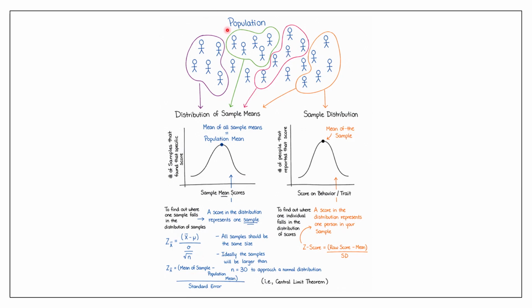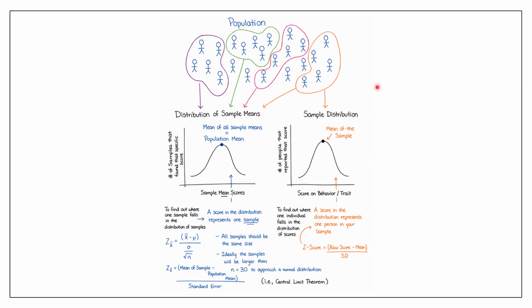So here, what I want to show you, we're going to start at the top of this. We have our population. Your population is going to be absolutely every single individual that fits the criteria for your research question. So we kept using this example: if your question involves first generation Hispanic students, then every single first generation Hispanic student is going to be part of this population.